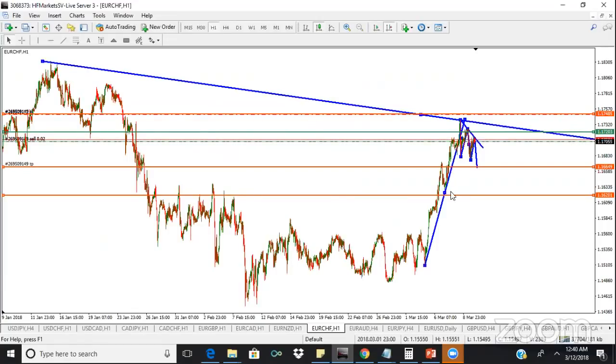Check the take profit, sir. It's 1.1748. That's the stop loss. Take profit 1.1666. Okay, take profit.